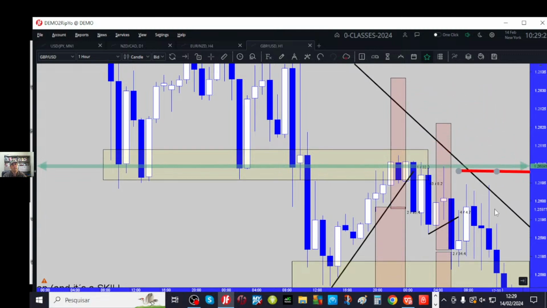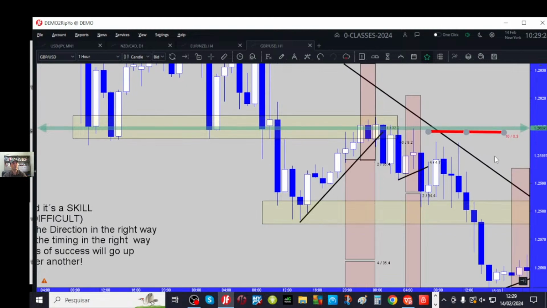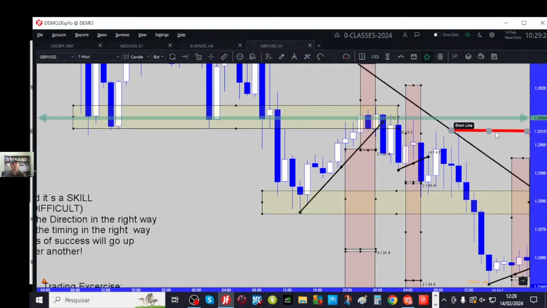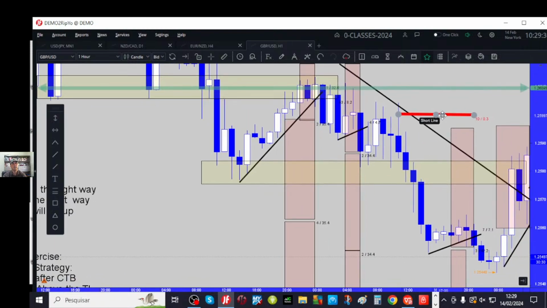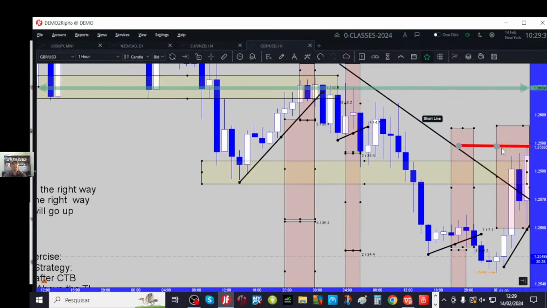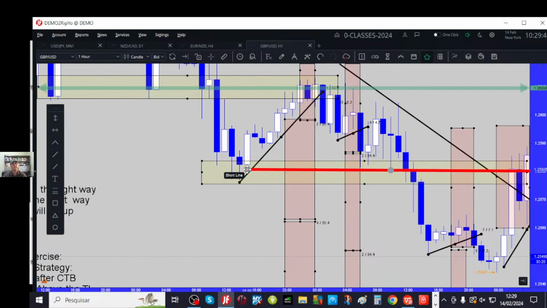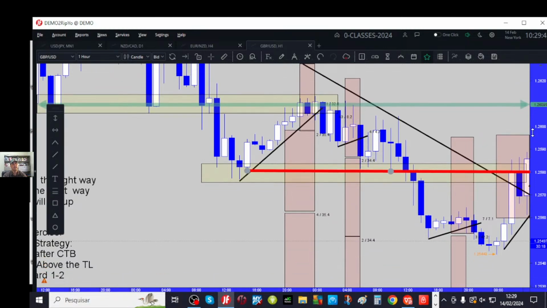The market is still falling, right? I'm moving my stop with the trend line. So here is the market. Bam, I would be stopped out somewhere in here, right? Make sense? The plan was 1 per 2, I didn't realize, just an example.